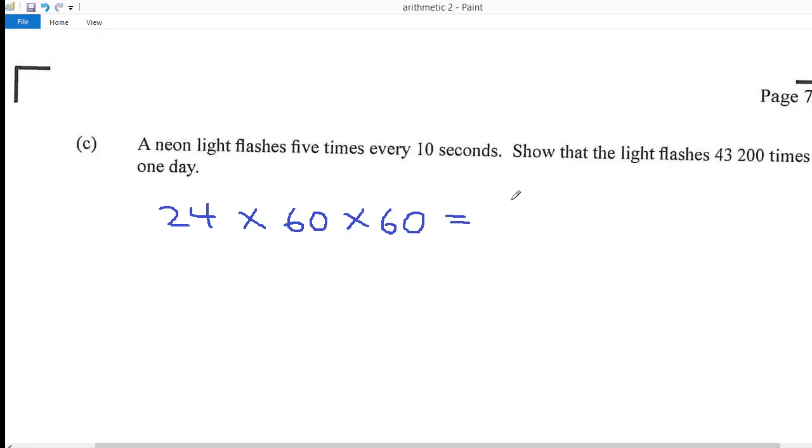Let's go to our calculators and do that calculation. So we get 86,400 seconds in one day.